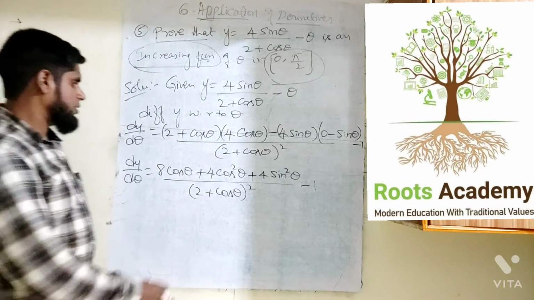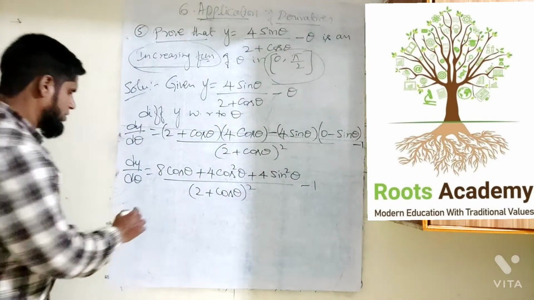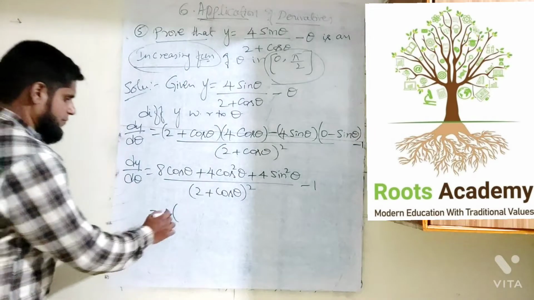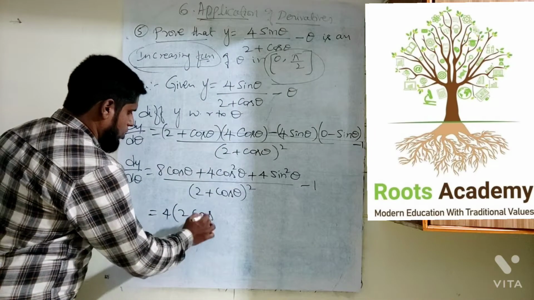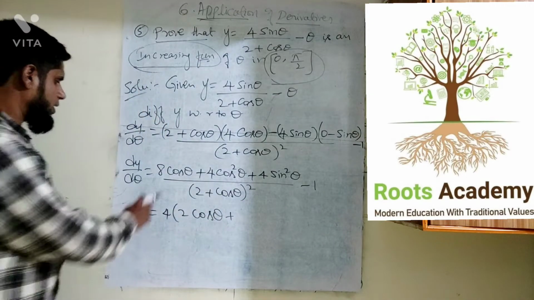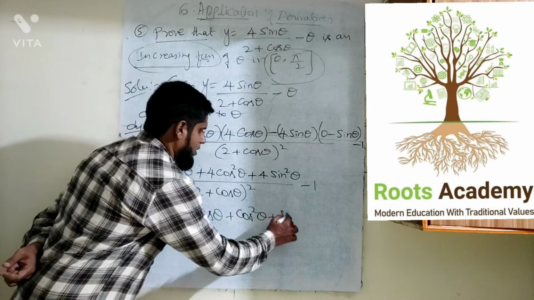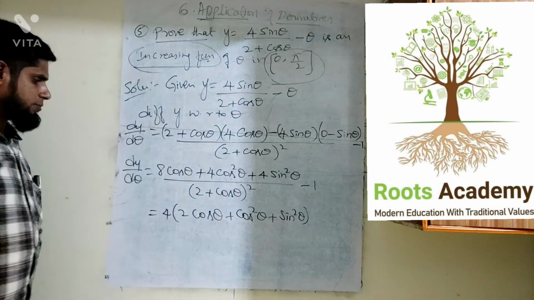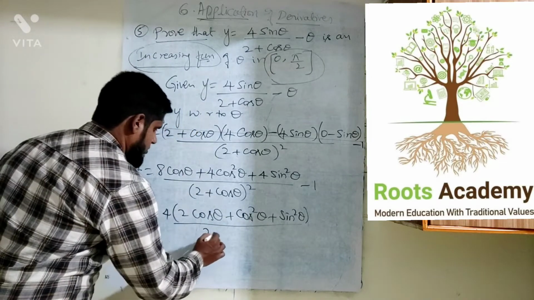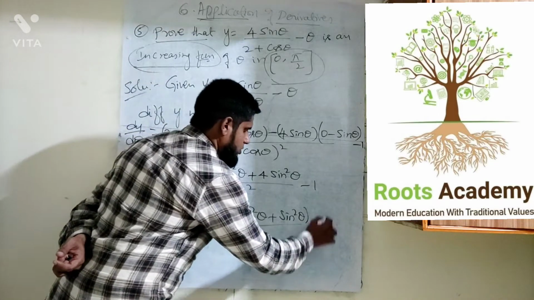And now student here, I can easily take 4 common in the numerator. So what will I get? 4 common here: 2 cos theta plus, because I have taken 4 common, cos square theta plus sin square theta, divided by 2 plus cos theta whole square, minus 1 as it is.